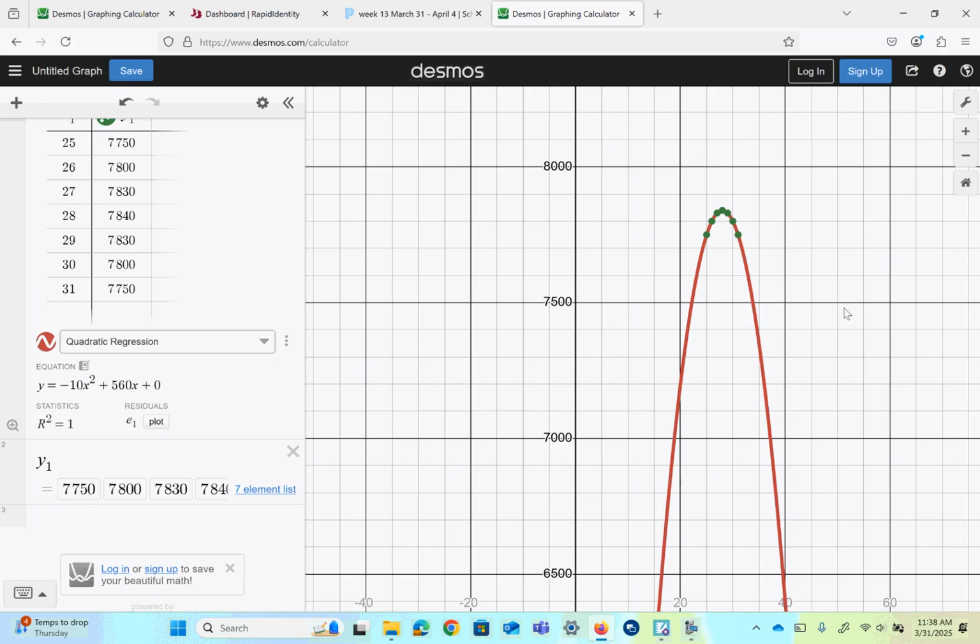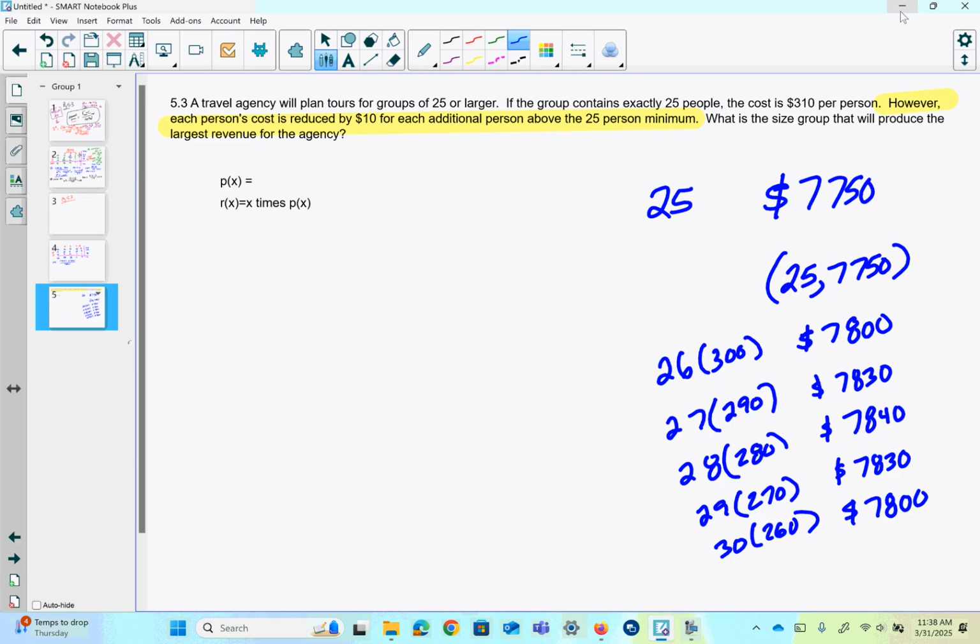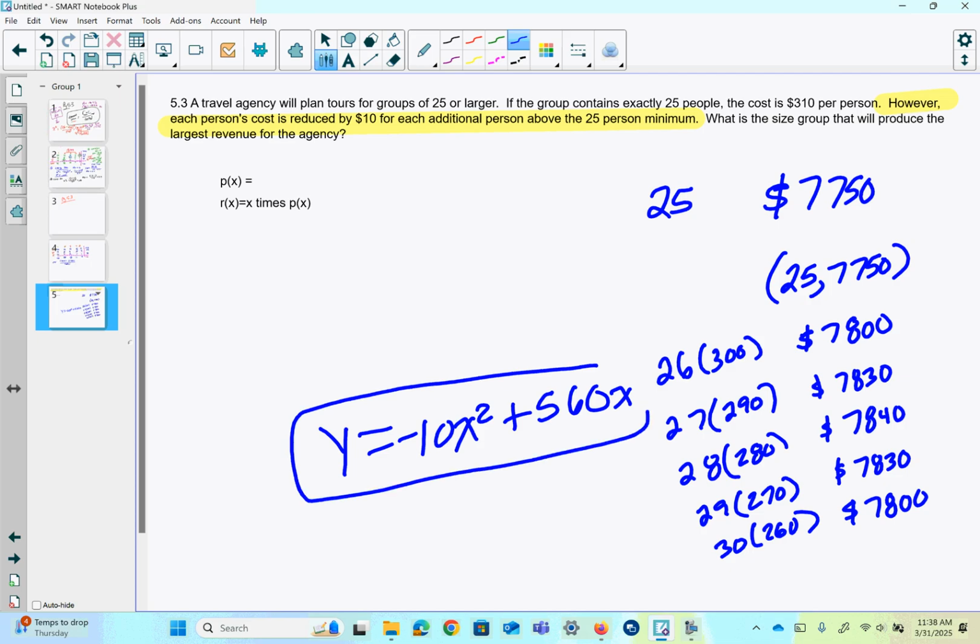I think that's a useful way of looking at it. But I also want to go back and relook at the problem. So I'm going to write this equation down. This is one way that we are able to do it. This came up with y equals negative 10x squared plus 560x. I don't have to have a plus 0.